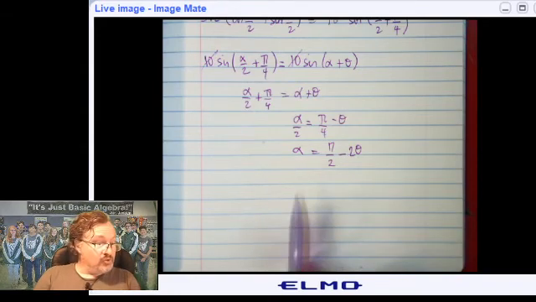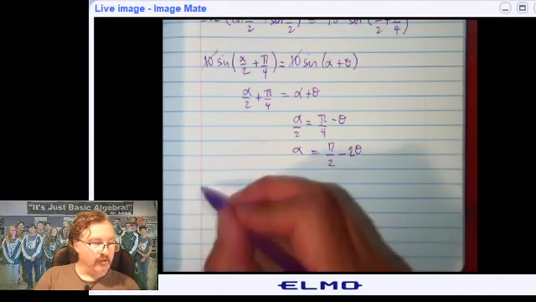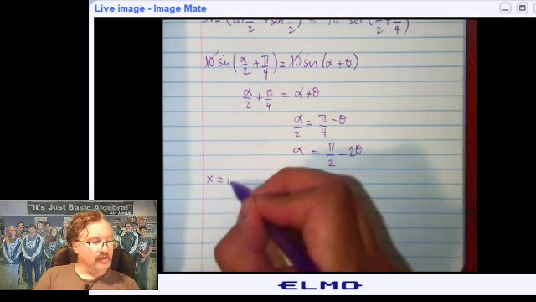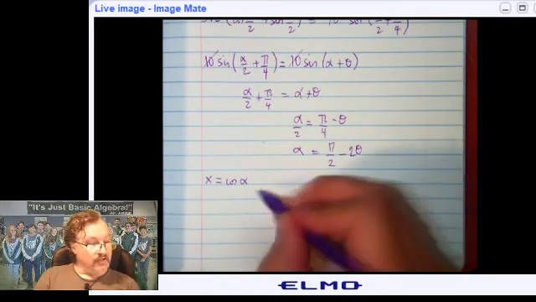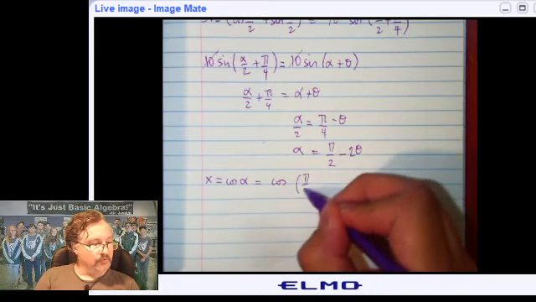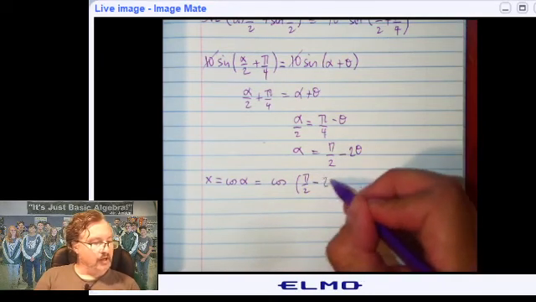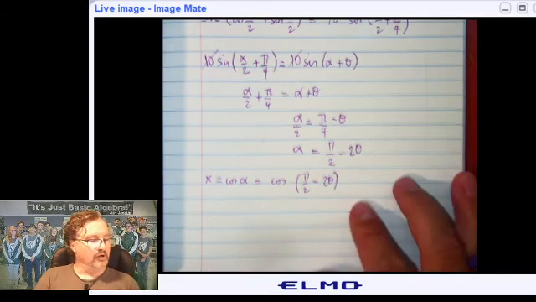Now, we don't want to solve the equation for alpha, though. We wanted to solve the equation for x. And remember that x was defined originally as cosine alpha. That means that x is going to be equal to cosine of pi over 2 minus 2 theta. Let me rewrite the formula one more time.